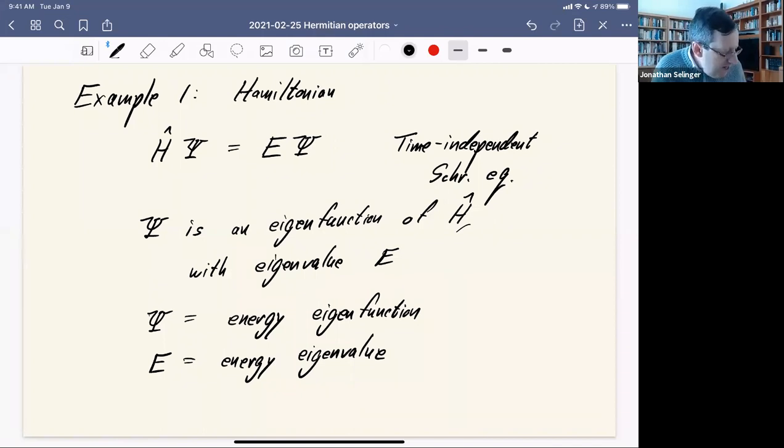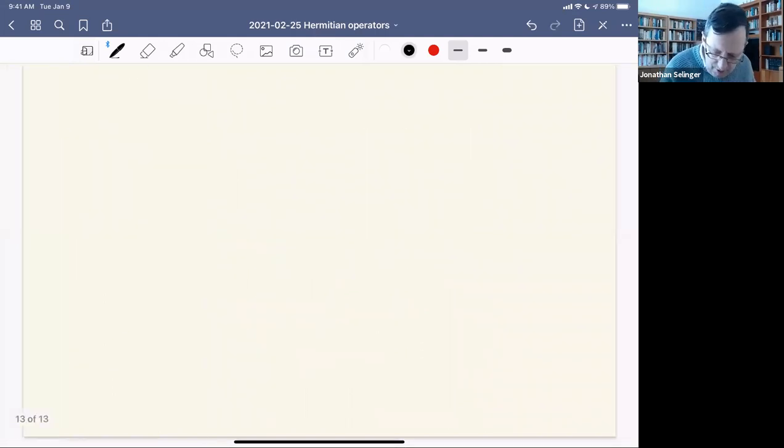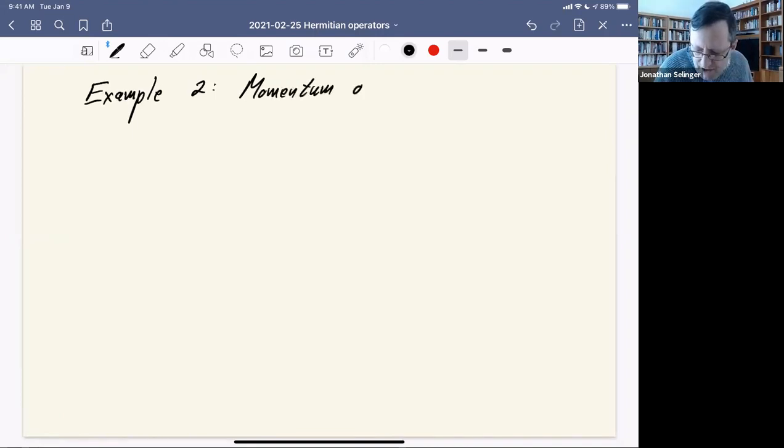Okay, then for another example, let's think about the momentum of a free particle.